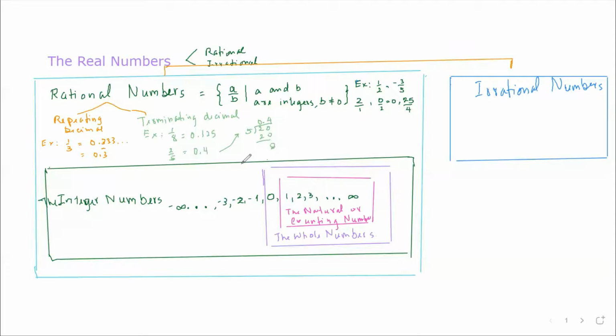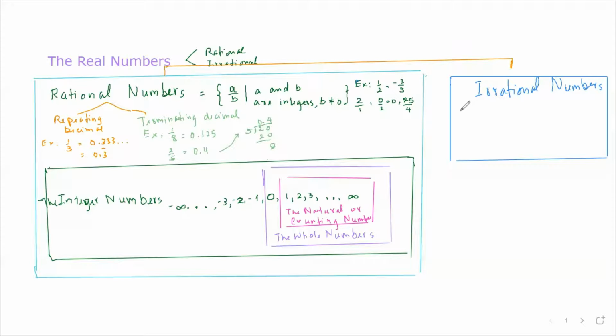Now we go to the right-hand side, irrational numbers. What is an irrational number? It's those real numbers that are not rational numbers. That means irrational numbers cannot be written in fraction or ratio form.